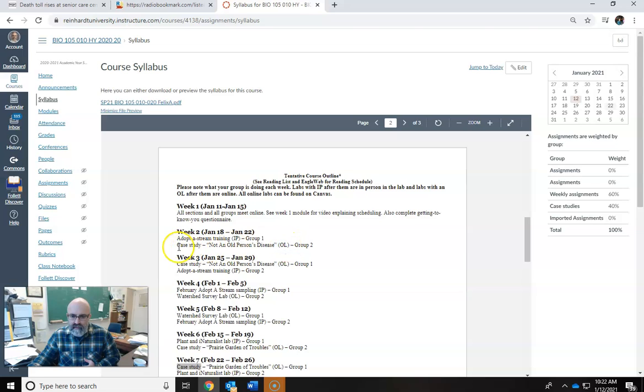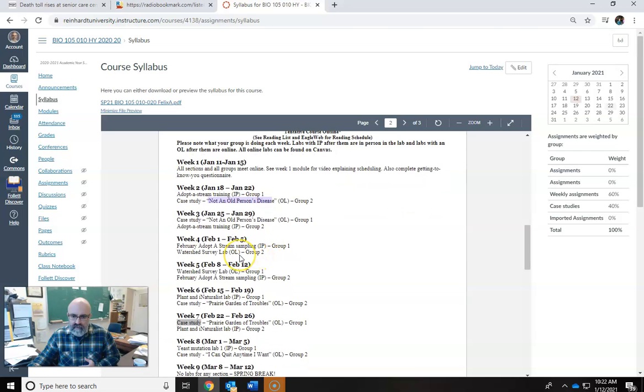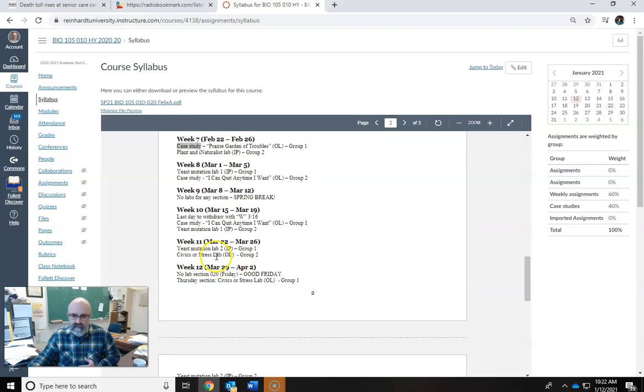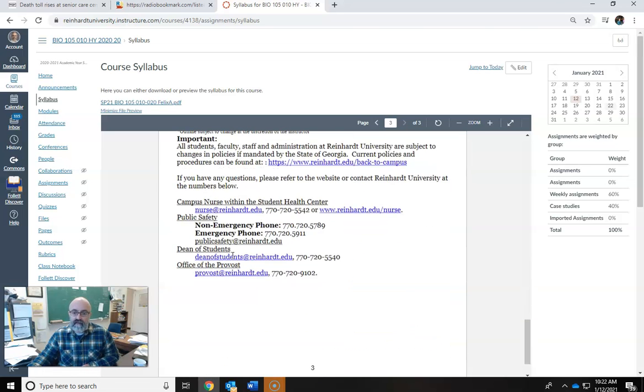And what you'll do, you'll sign in and look for this case study called Not an Old Person's Disease. Whatever the online assignment is, stress lab, that's what you'll look for. You'll click on it. It should be self-explanatory. There's usually a quiz. There's usually some file upload that you have to do, and that will be due by lab the next week. So you have 1 week to complete all of the online labs.